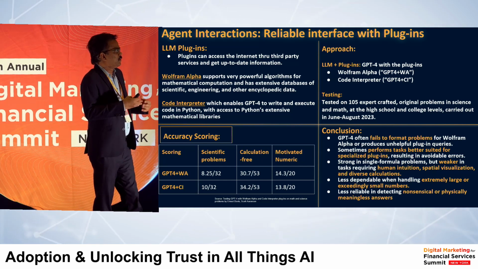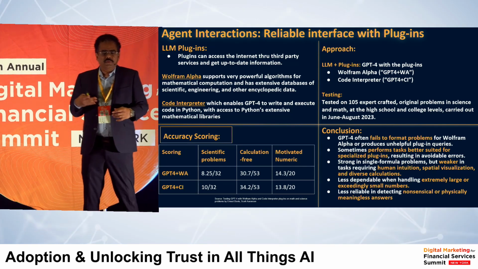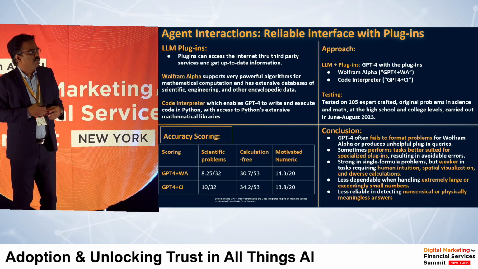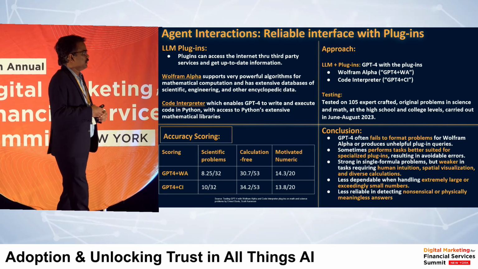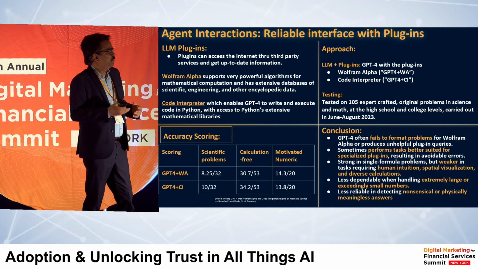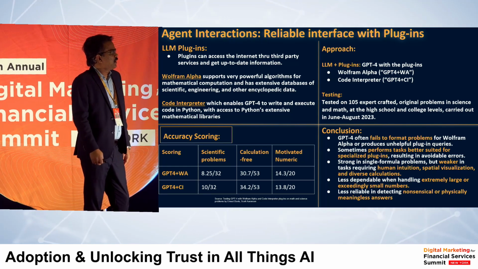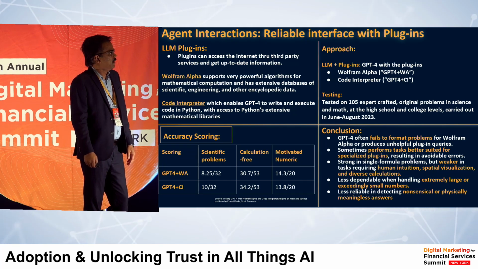So they have checked the interaction with GPT-4 for 105 questions, and if you see the accuracy scoring, it's pretty much okay. Like out of 32 questions, how many are accurate? It's not that huge of a difference with these plugins.